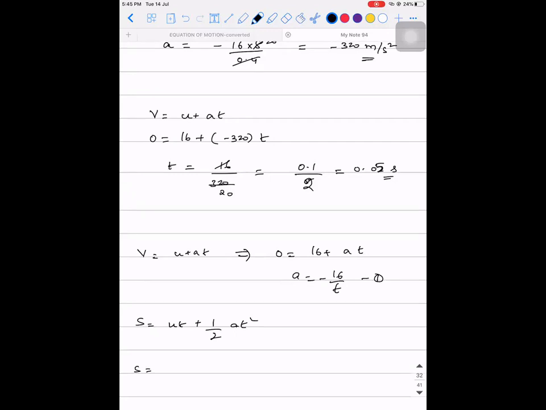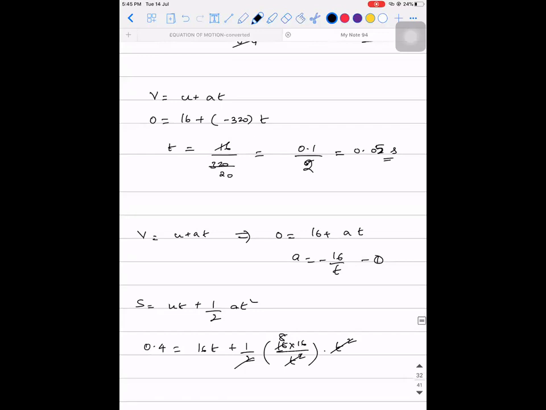So s is given as 0.4, no? Yes, sir. 0.4 is equal to u, which is 16, into t plus half into a. Instead of a, he wrote minus 16 by t. So that will be 16 into 16 divided by t square into, you already have a t square.